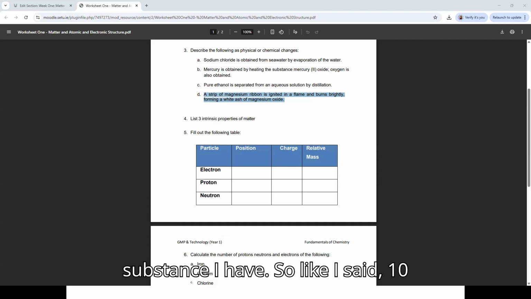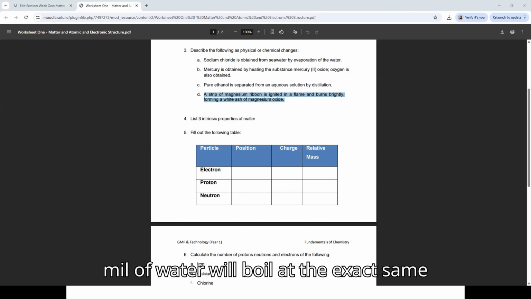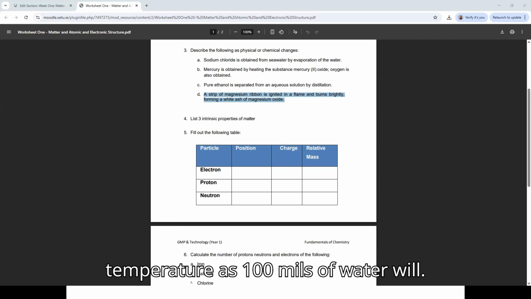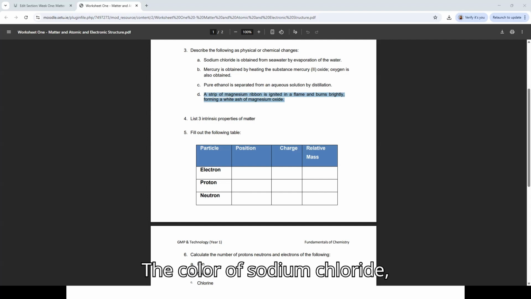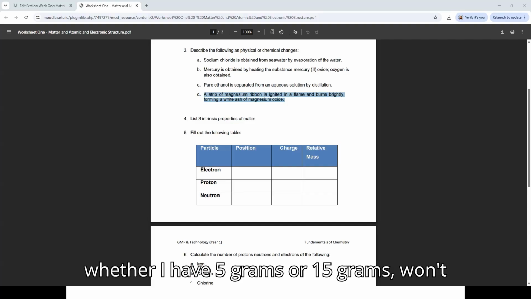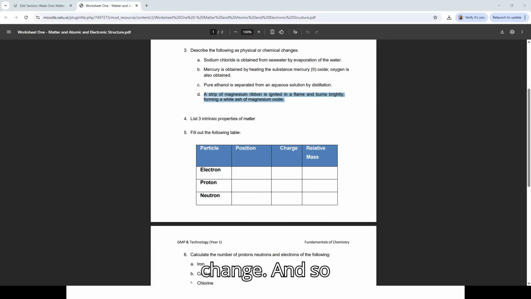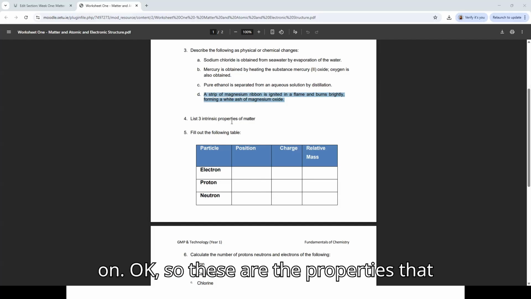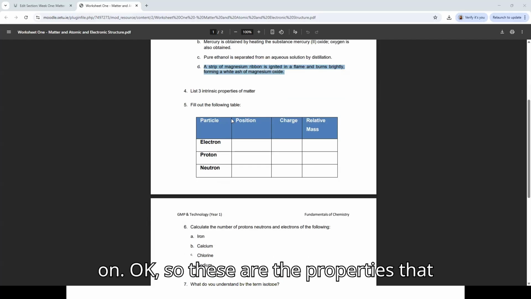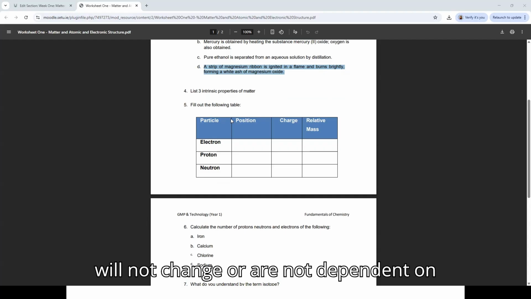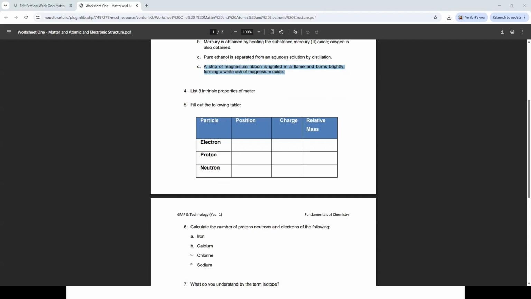Like I said, 10 ml of water will boil at the exact same temperature as 100 ml of water will. The color of sodium chloride, whether I have 5 grams or 15 grams, won't change, and so on. So these are the properties that are not dependent on the amount of a substance that I have.